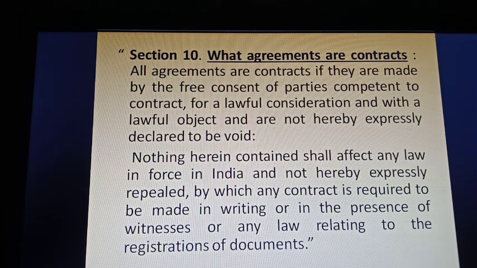But nothing herein contained shall affect any law in force in India, and not hereby expressly repealed, by which any contract is required to be made in writing or in the presence of witnesses, or any law relating to registration of documents. That means if in any law which is not repealed and which is in force in the territory of India, any contract is required to be made in writing, then that contract should be in writing.